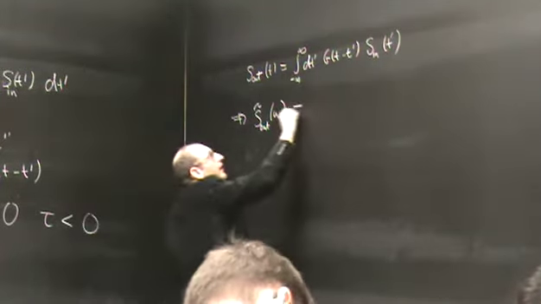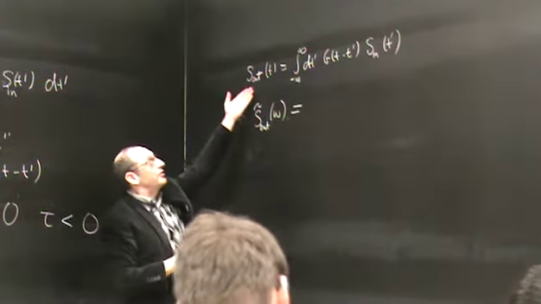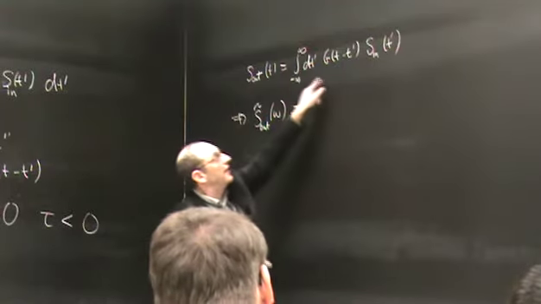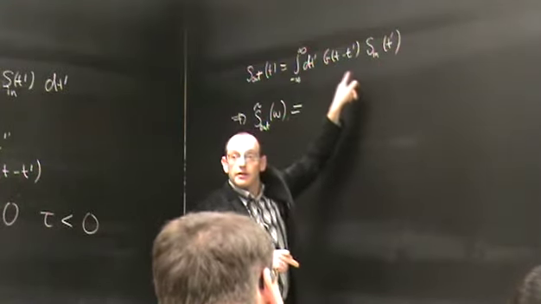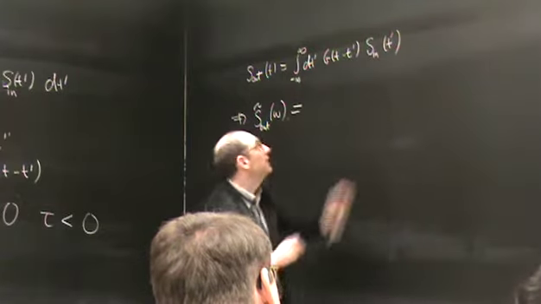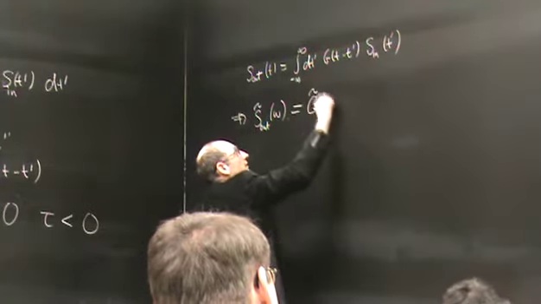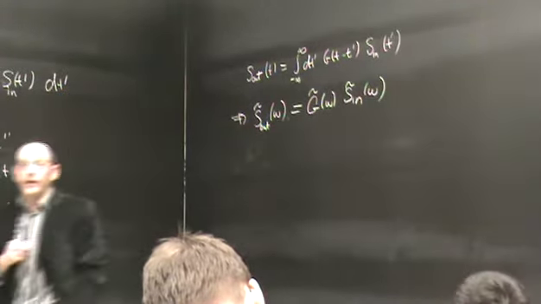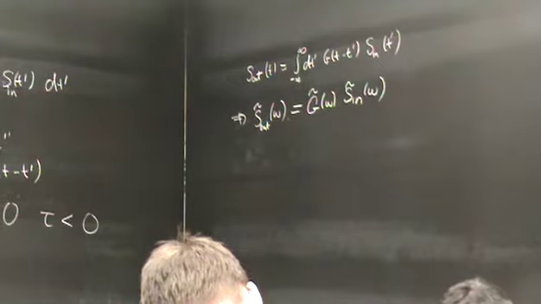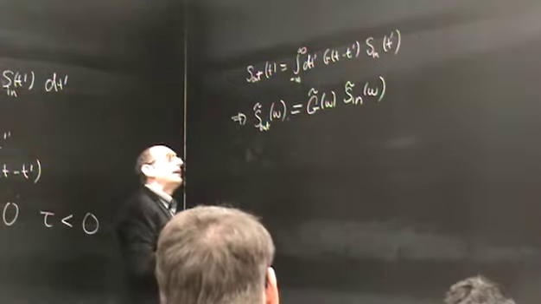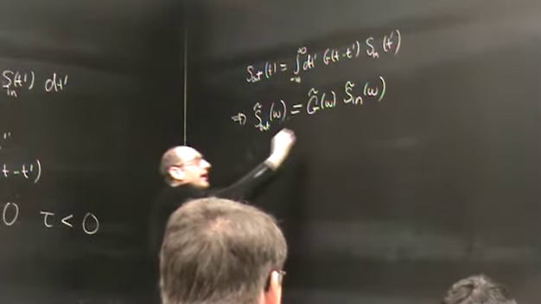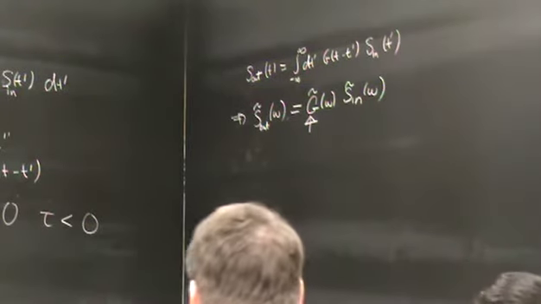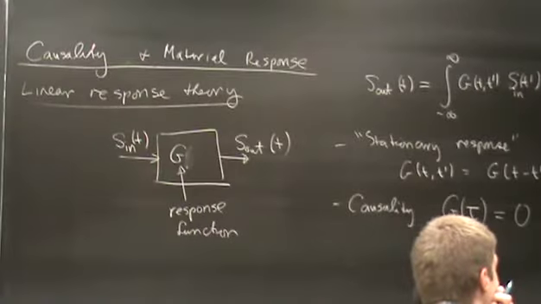If I look at this in the Fourier domain, we know that this is the convolution of two functions. The Fourier transform of the convolution is the product of the Fourier transforms. So one thing we see, just generally speaking, causality or not, is that the response function in the frequency domain is a kind of frequency filter.